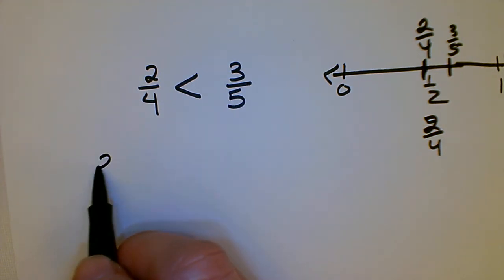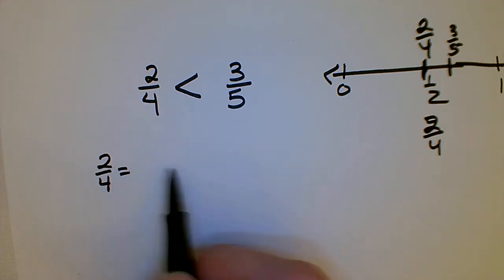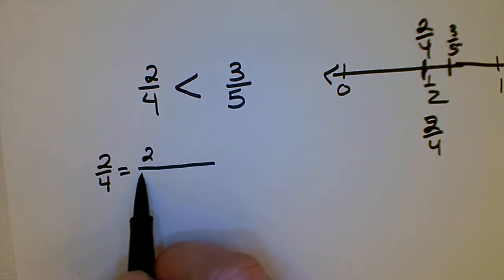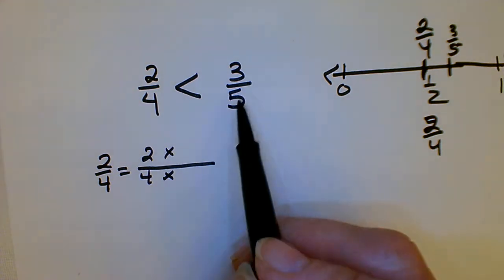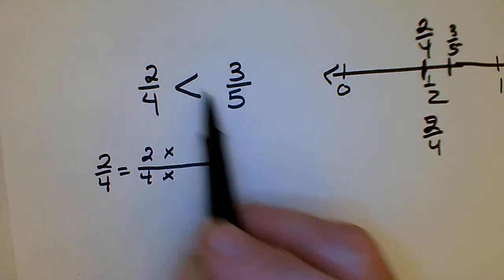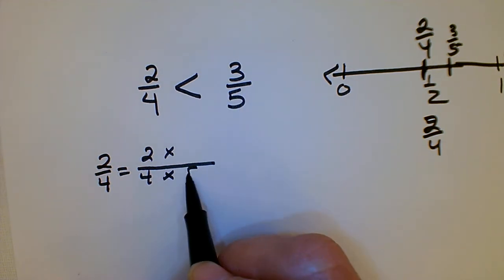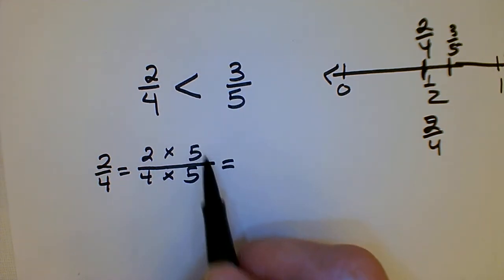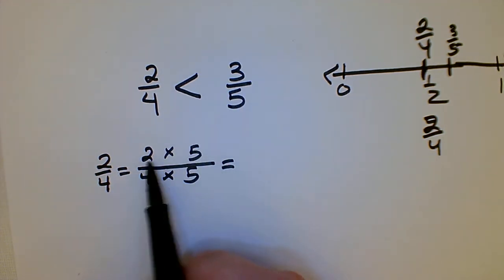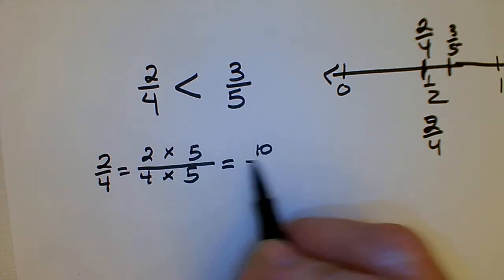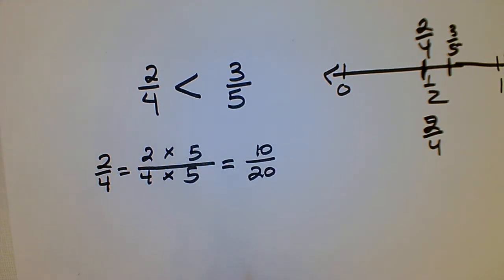So I could take 2/4 and I can decompose it by multiplying it times the other fraction's denominator. So I'm going to take this fraction and multiply it times the other fraction's denominator, which is 5. And whatever you do on the top, you have to do on the bottom. 2 times 5 is 10. 4 times 5 is 20. Now we have to do the same thing with 3/5.